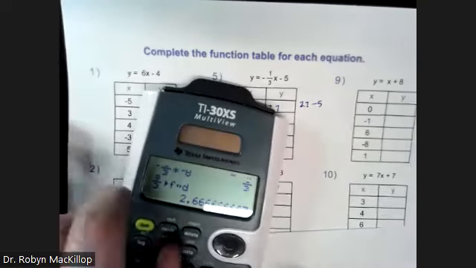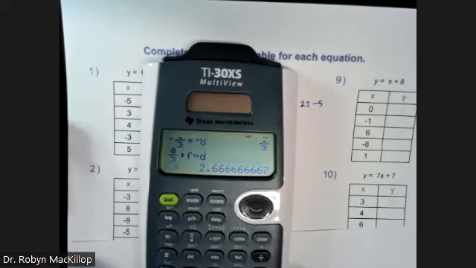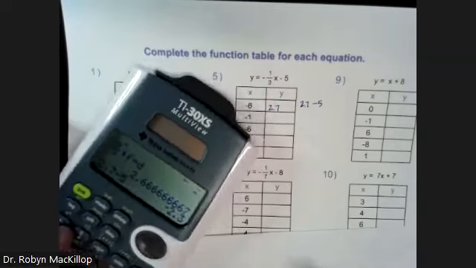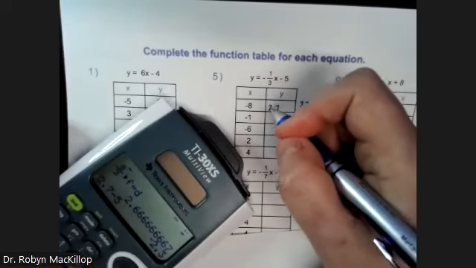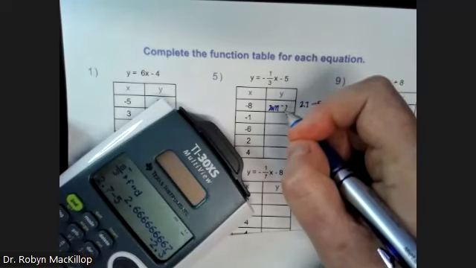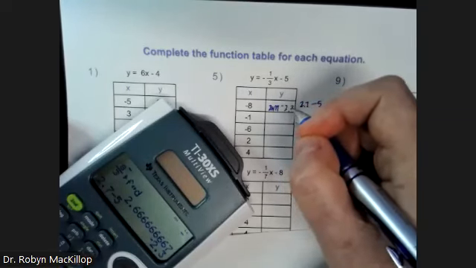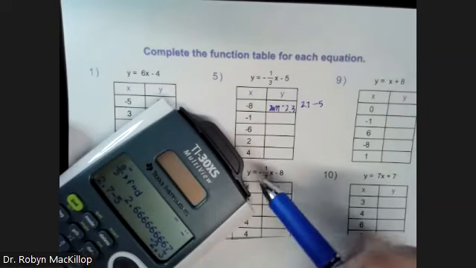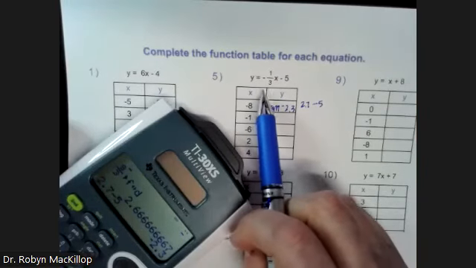I didn't finish my equation. So 2.7 minus 5 is -2.3. So almost had it, but I didn't finish. -2.3. So let's do this next one.